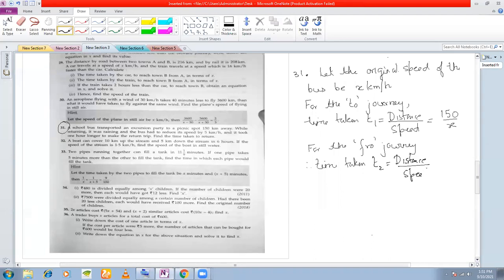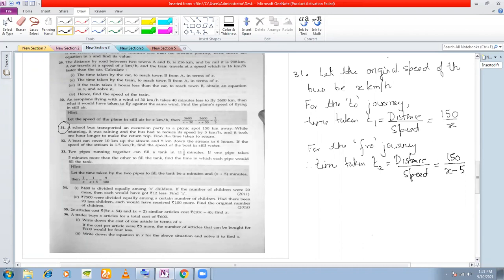The distance remains the same. But in the question, it's written the bus had to reduce the speed by 5 kilometers per hour. So speed becomes x minus 5. And it took 1 hour longer to make the return trip.